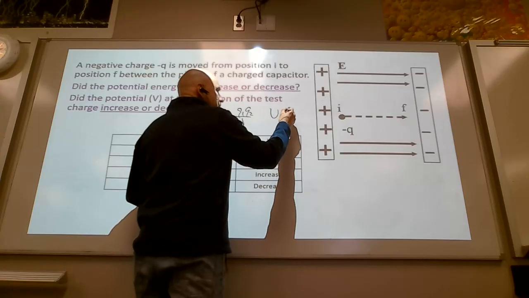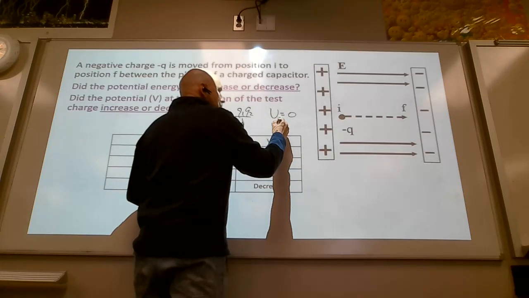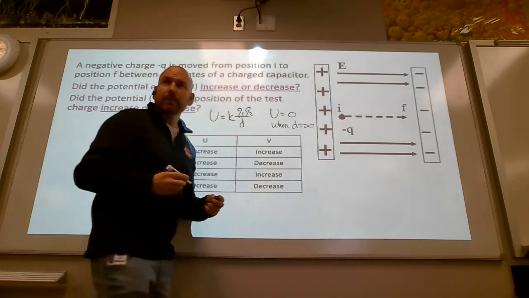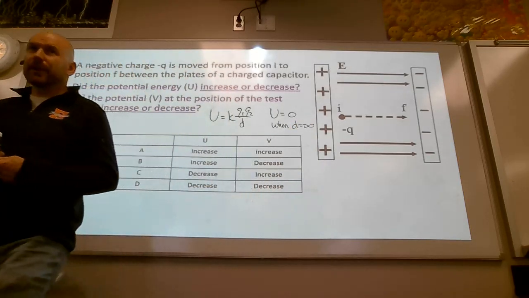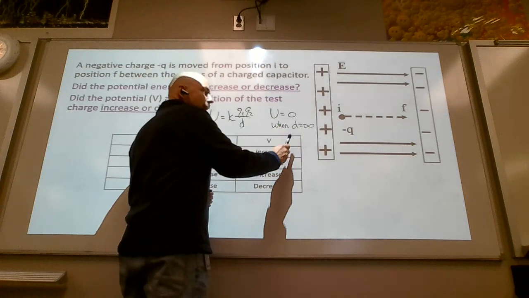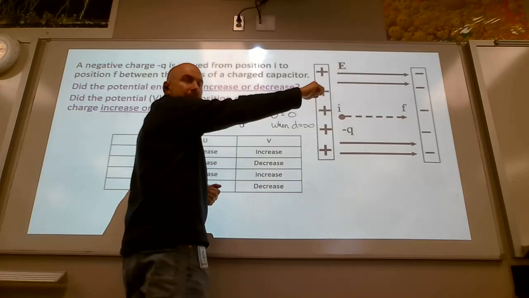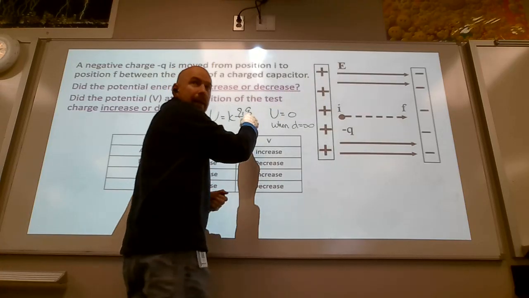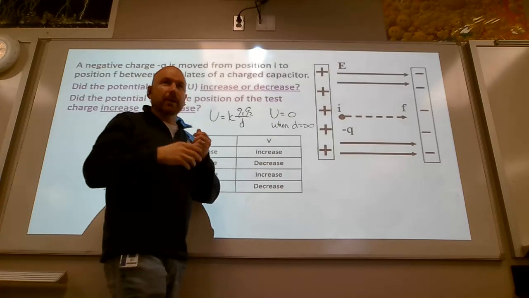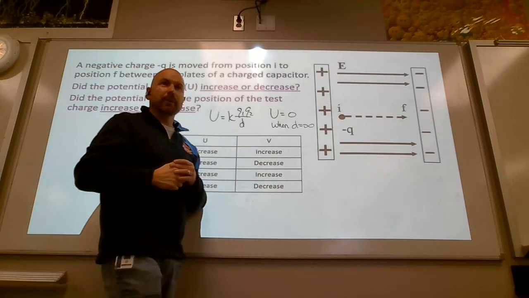The potential energy is equal to 0 when d is equal to infinity, just like gravitational potential energy. When we're talking about the free response, they were talking about work being done. We take that from starting at a place infinitely far away and bringing it in. That's how you conceptualize where this expression comes from.